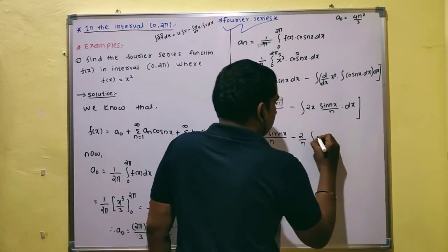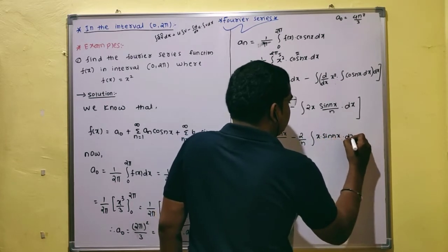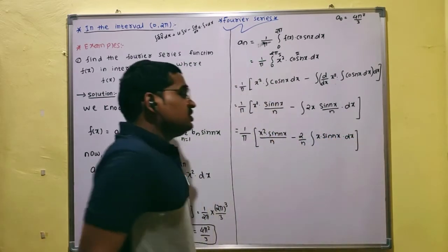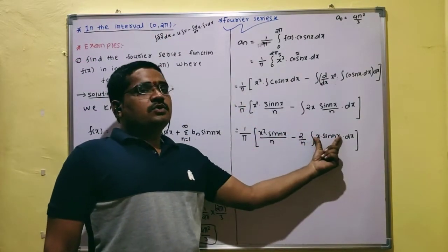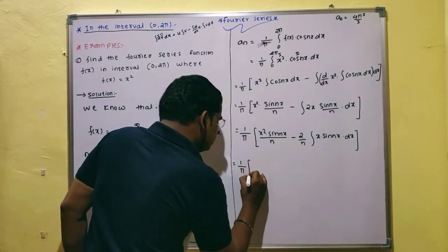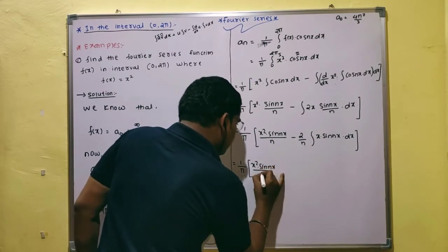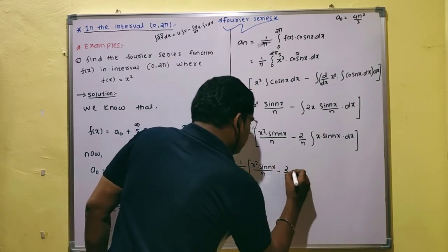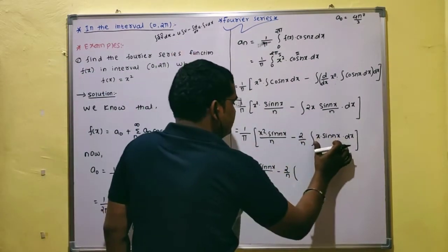Now this integration of x into sin nx into dx. Now again we have used this formula for finding this integration. Okay, we have to use that formula, which is equal to 1 upon pi as it is in this bracket x square into sin nx upon n minus 2 upon n. Now we are using this product rule of integration for finding this integration.